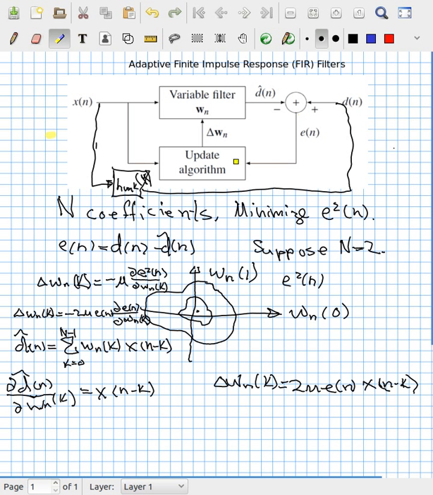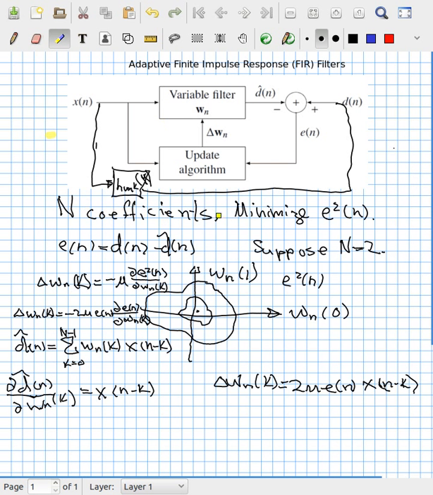That error signal is fed into an update algorithm along with the input, and that information is used to compute a new change to the coefficients, delta w sub n, so that delta w sub n of k will add on to w sub n to give us the next coefficients, w sub n plus 1. Down here we've got to figure out how to do this update algorithm.